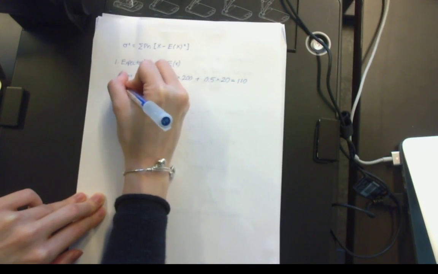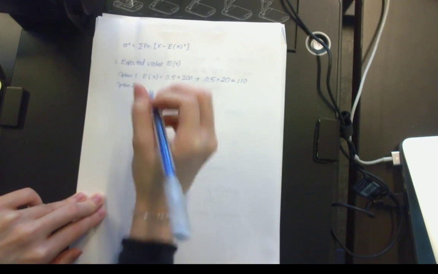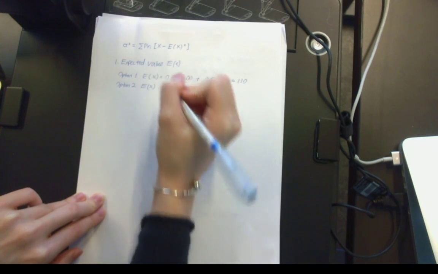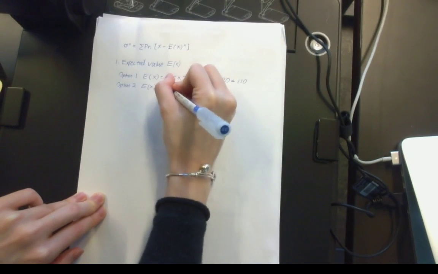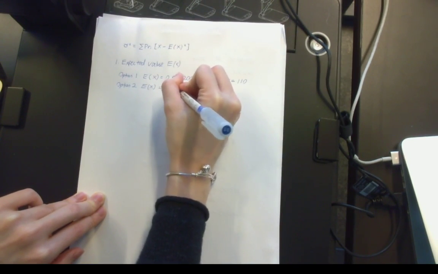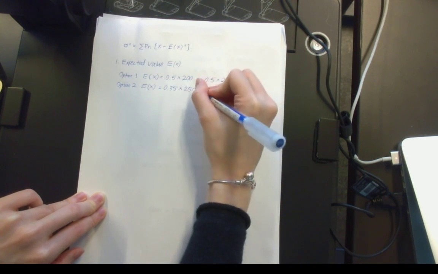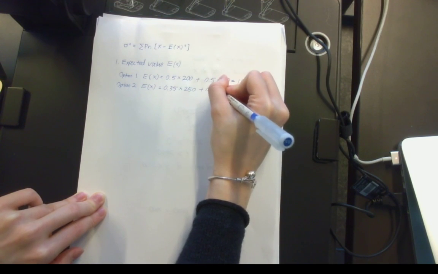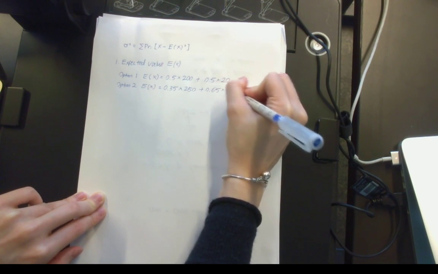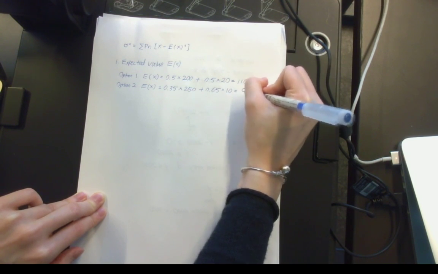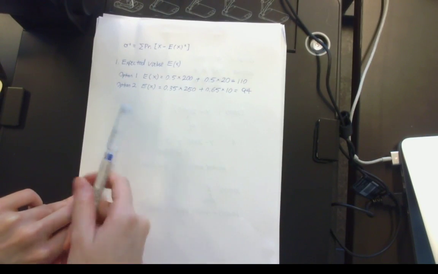For option 2, you have an expected value of 35% times $250 plus 65% times $10, and that gives you an expected value of 94 for option 2.